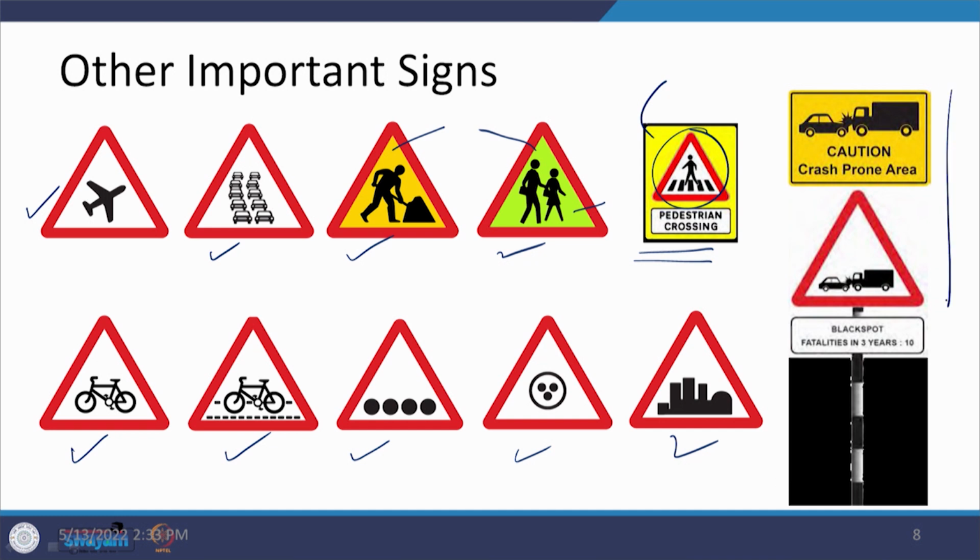There is a possibility that a particular location has a propensity of crashes, and then that needs to be told to the driver. So, it can be done by using this type of a yellow color, which is restrictive in nature and tells the driver there is something happening here, or it can also be placed in this form where even the information is also being depicted that in the last 3 years there had been 10 fatalities on this particular location or a stretch, and therefore, you should be cautious enough while driving.